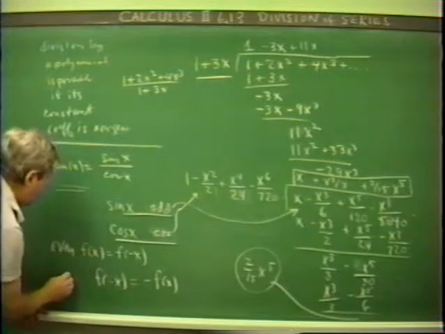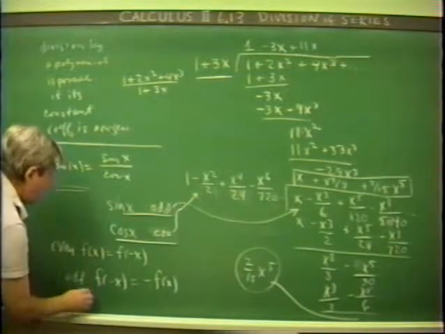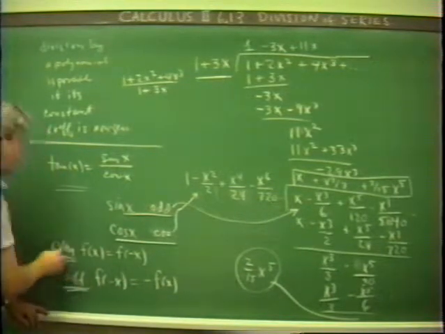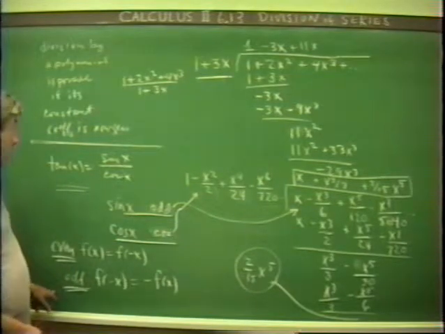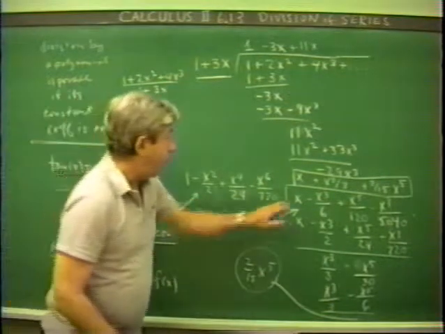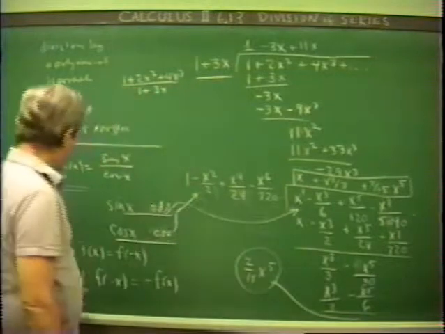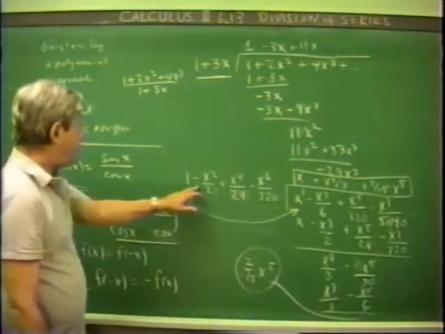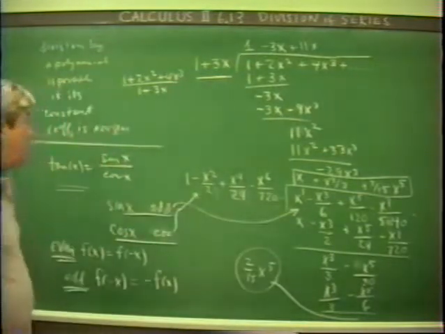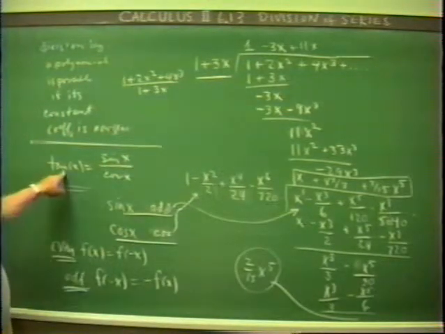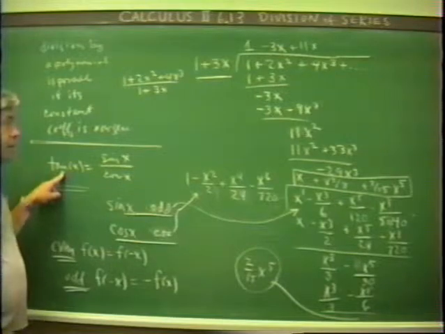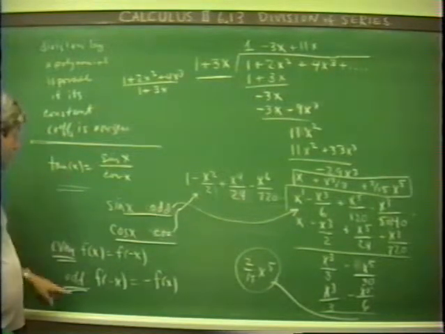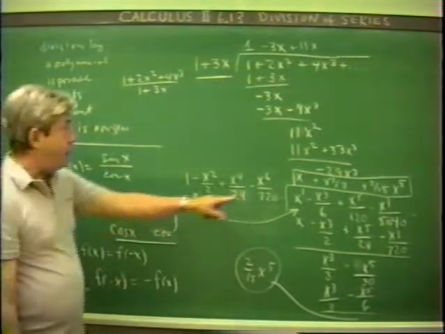And sine x is an odd function in the sense that f of minus x is the negative of f of x. A function that has this property is said to be odd. So sine x is an odd function. It's got all odd coefficients here. Cosine x is an even function. It has all even coefficients here.